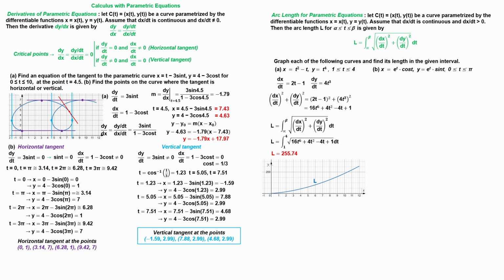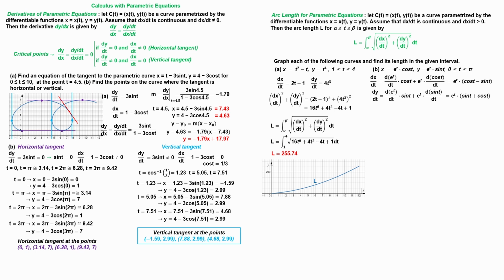Let's solve part B. To calculate dx/dt and dy/dt, we will use the product rule as both functions are products of two other functions. The derivative of the natural exponential function is itself, while the derivative of cosine is negative sine, and the derivative of sine is cosine.